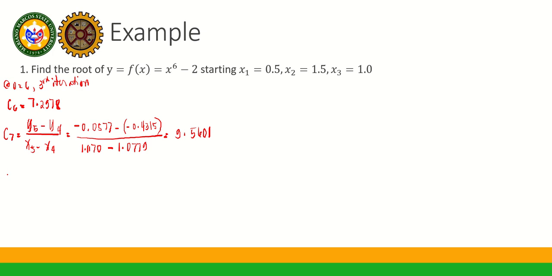Now we are going to compute for our d sub 6. And this is equal to c sub 7 minus c sub 6 all over x sub 5 minus x sub 3.